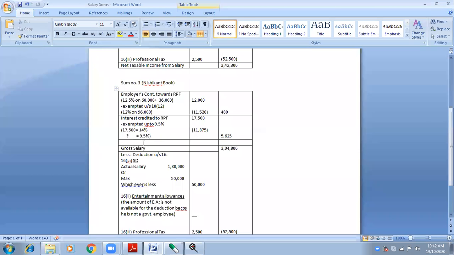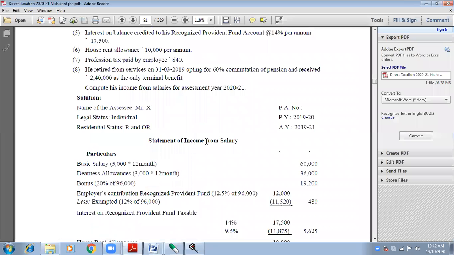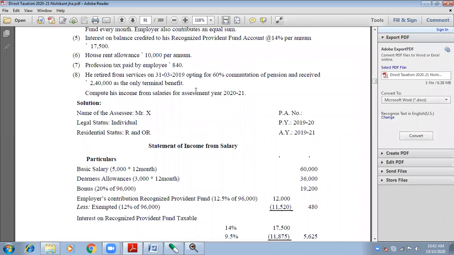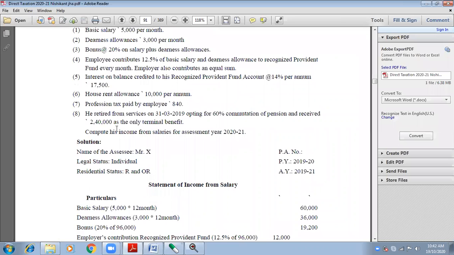Now, he receives commuted pension. What is the amount of commuted pension that he receives? 2,40,000 is already given, guys. Don't get confused. See, look at this question. He retired from services on 31st March, opting for 60 percentage.